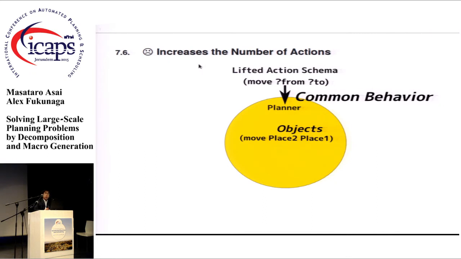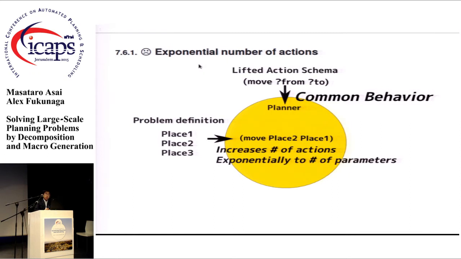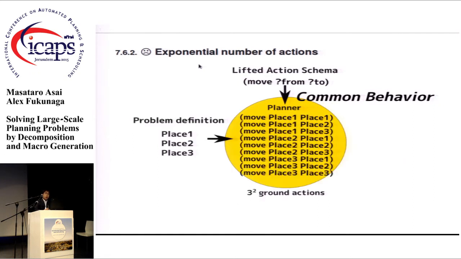Another disadvantage is the increase of the number of actions. This is related to the common behavior of standard planners such as FF or FD. Usually the lifted action schema is instantiated into ground actions with objects in the problem definition. This substitution increases the number of actions exponentially with the number of parameters. This example contains 9 ground actions.